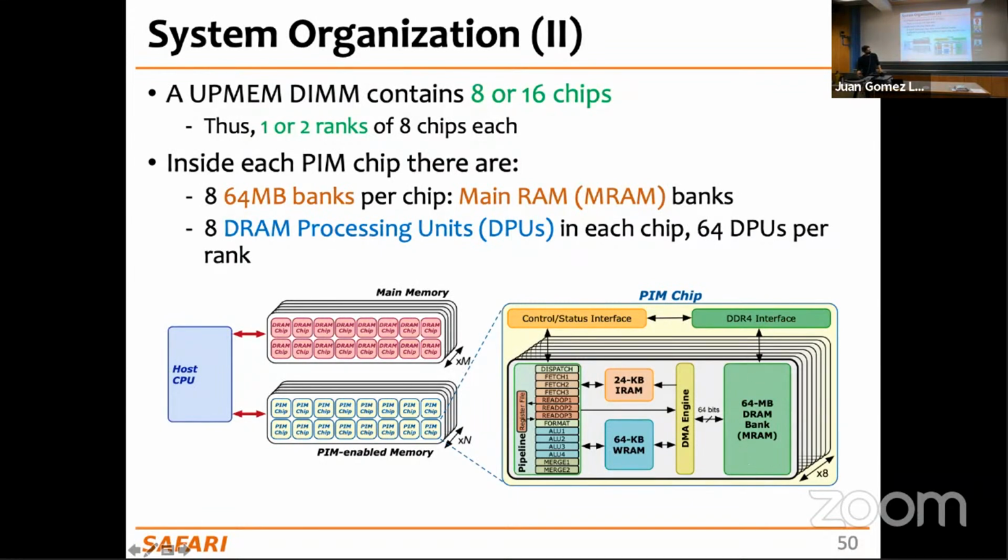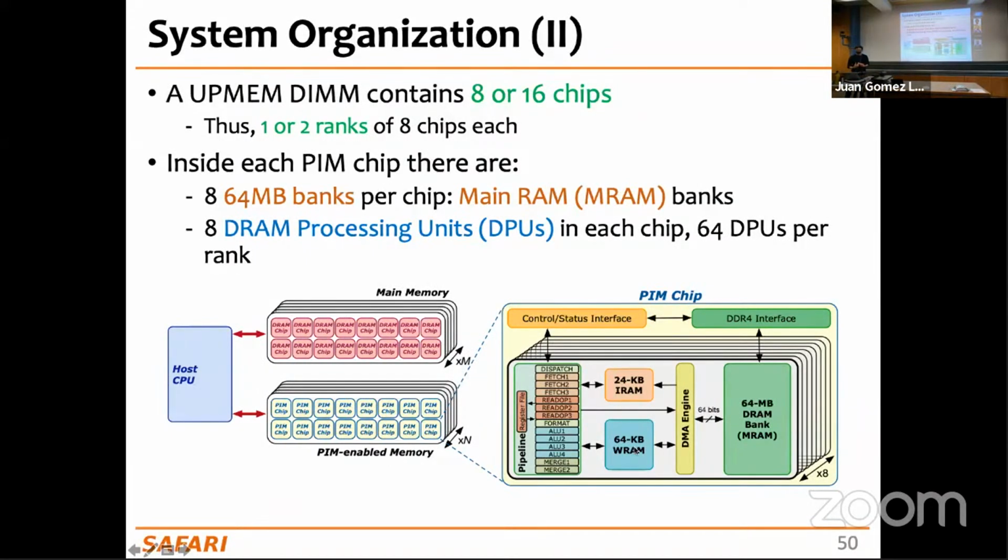This is one of the 8 MRAM banks, and we can access it using this DMA engine from the pipeline of the DPU in order to move instructions from the DRAM bank to the instruction memory, or operands from the DRAM bank to the WRAM, which is a scratchpad memory, kind of a cache that we can handle in software.